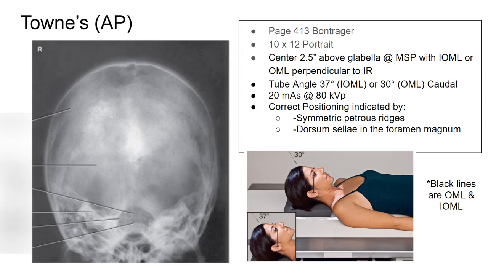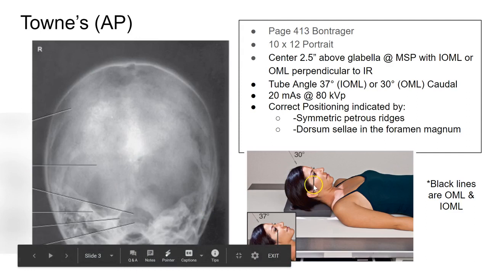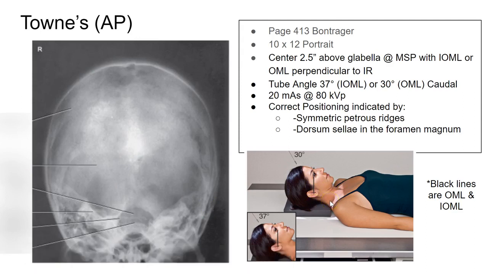All right, for the Townes projection, we are using a 10 by 12 portrait, and we're going to utilize OML or IOML. Now, when do we use which line? Well, if you look at our model here, OML perpendicular to the image receptor is ideal, but many patients have difficulty flexing their neck or tucking their chin that much.